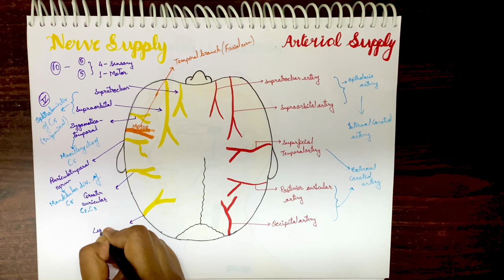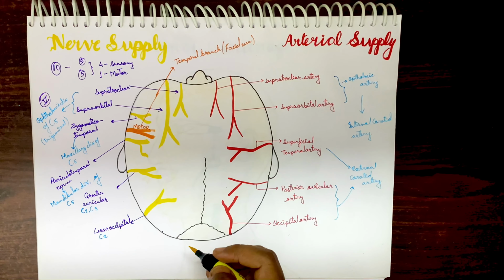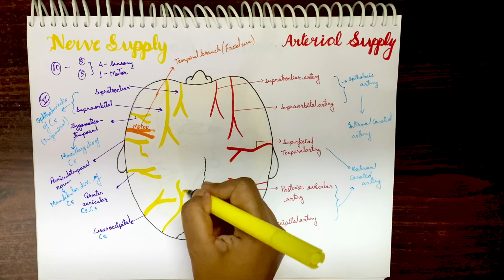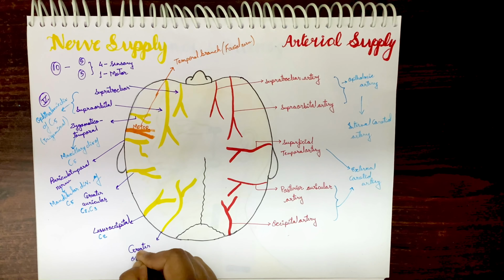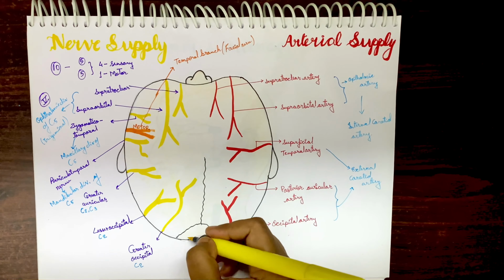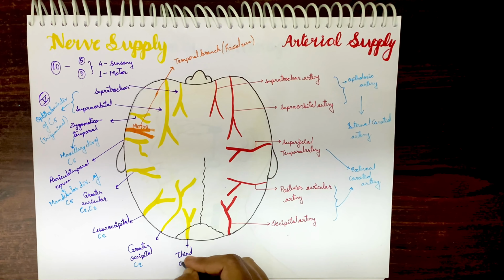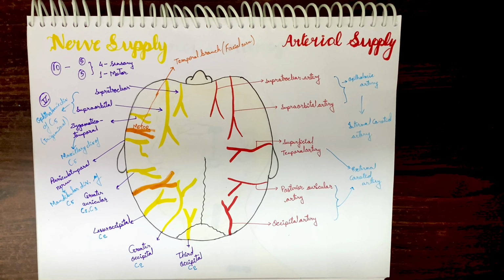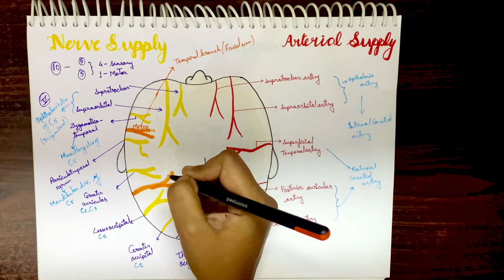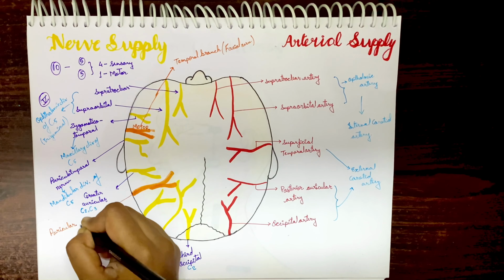After the great auricular nerve, we have the lesser occipital nerve, then the greater occipital nerve, and finally the third occipital nerve. These were the sensory nerves present behind the auricle. For the motor nerve, we have the posterior auricular nerve, the motor branch of the facial nerve.